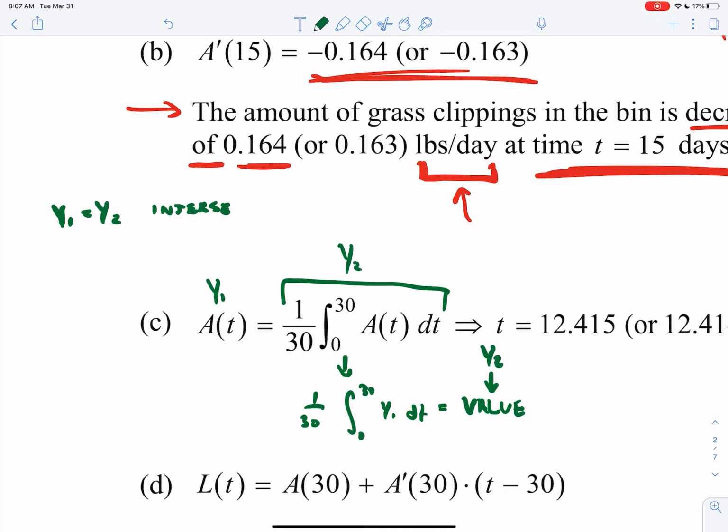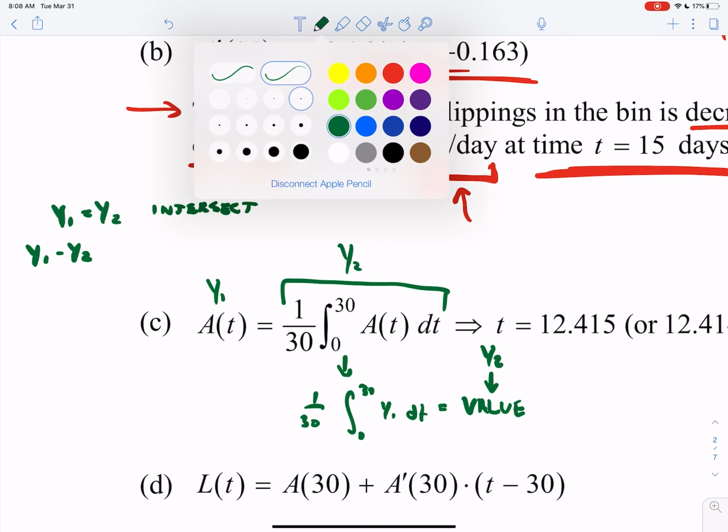Sometimes you may not initially see the intersection depending on your window, so you might have to extend it. Or you can bring y2 over and graph this as your y3.